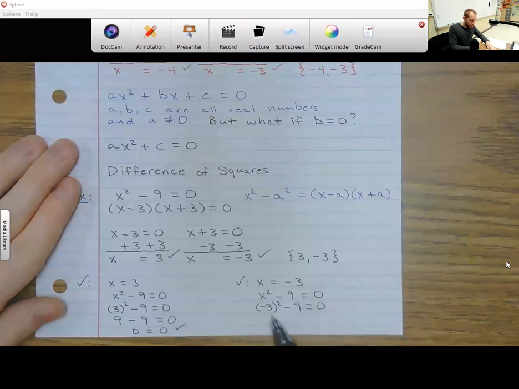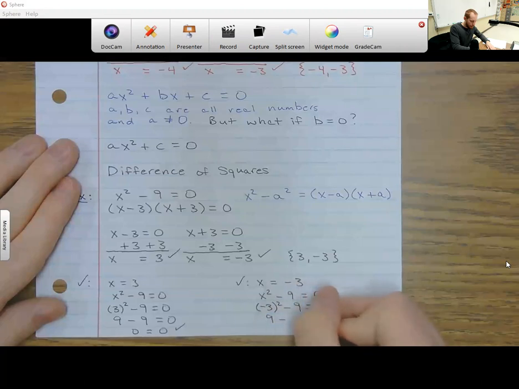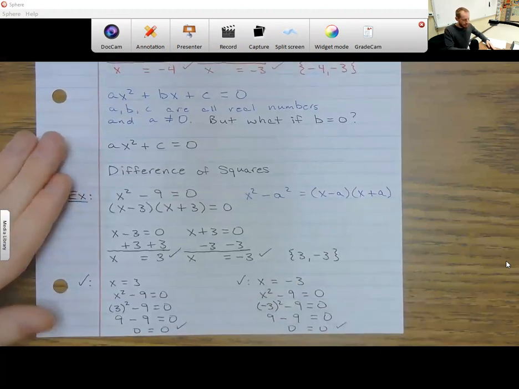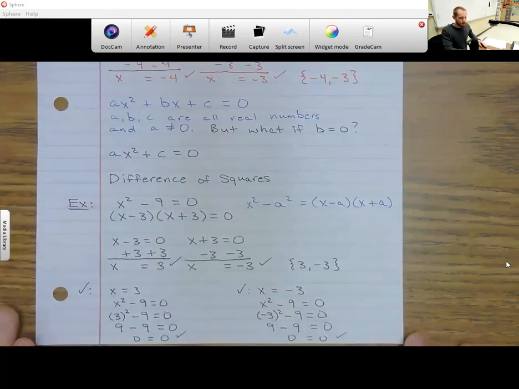So when I do that, negative 3 times negative 3 is going to give me that positive 9 that I want. And then I get 9 minus 9 equals 0. And then 9 minus 9 is 0. So I get 0 equals 0. Good. So that's how we know the check is going to work. It's because I get this true statement at the very end.